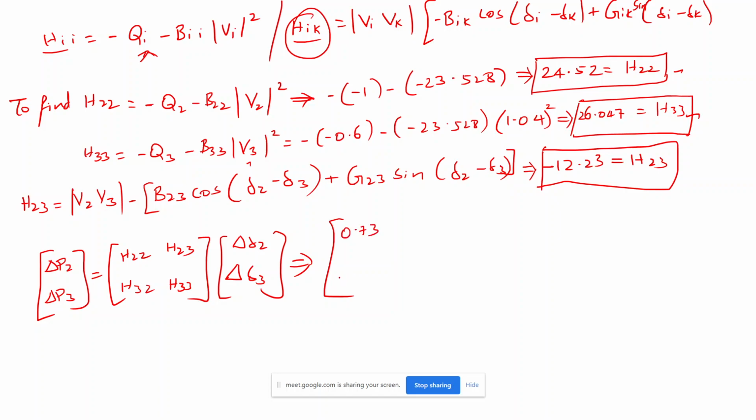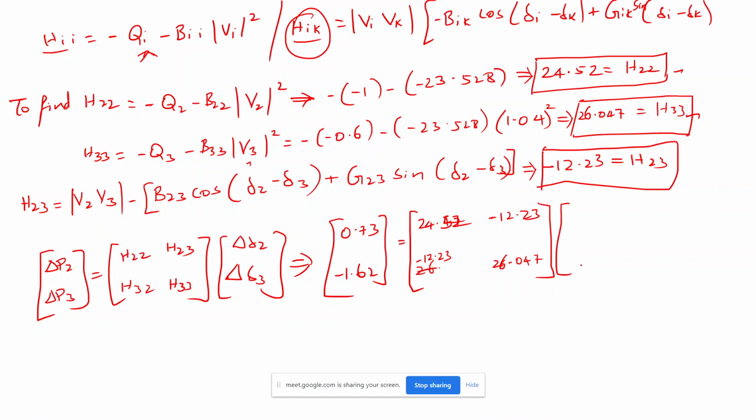And then here minus 1.63. And here 24.52. And here minus 12.23. And here, sorry, here also it is minus 12.23, right? And here 26.047. 26.047. Very good.